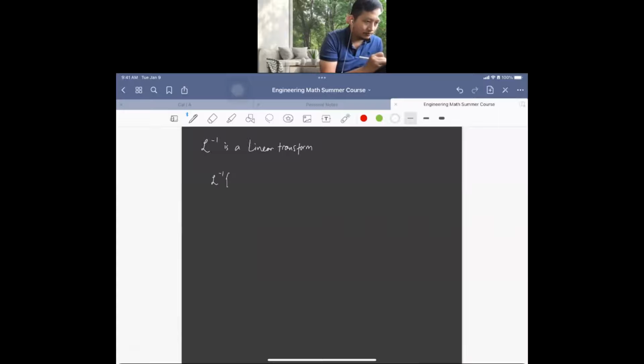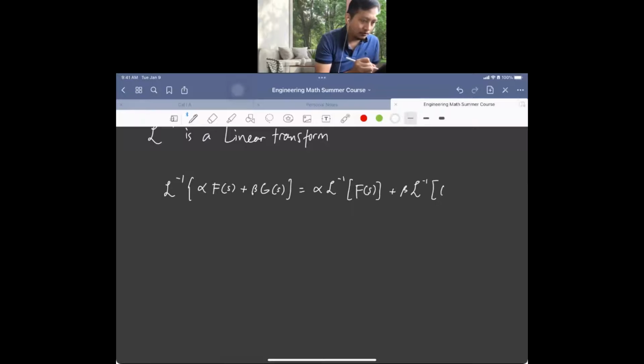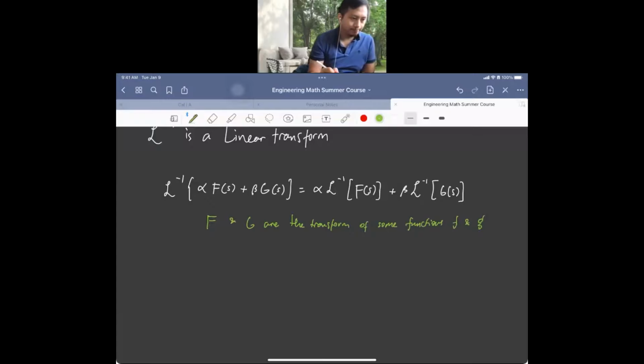If you have the Laplace inverse of alpha F of s plus beta G of s, this will be alpha times the Laplace inverse of F of s plus beta times the Laplace inverse of G of s, where F and G are the transforms of some functions f and g, and alpha and beta are constants.